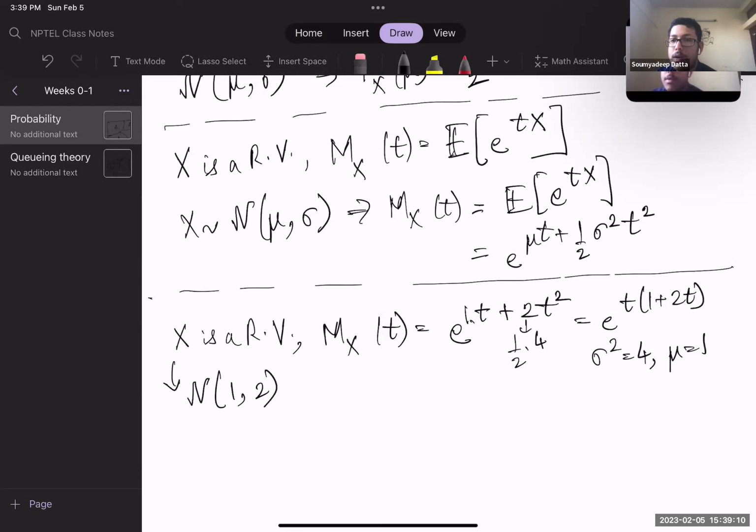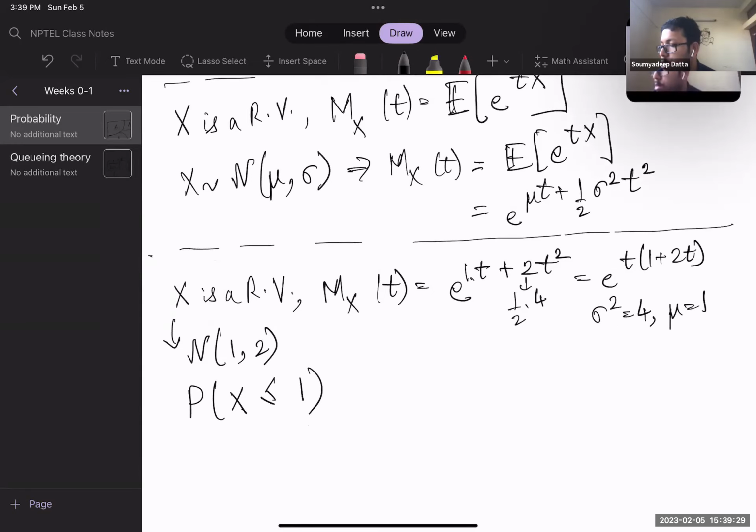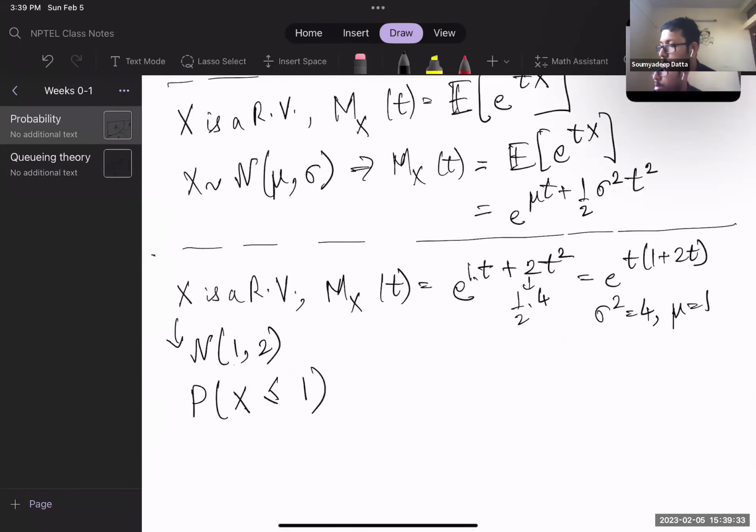And then let's say you're asked the value of, what is the probability that X is less or equal to 1? Now you know that this is a Gaussian random variable with mean 1, so it will again be symmetrical around the value 1.